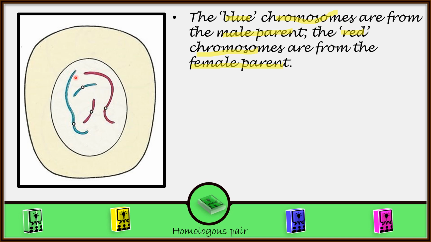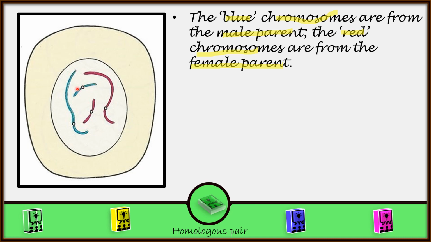So the 2 pair up and they form a pair. So that's why we are saying that the blue came from the male parent and the red came from the female parent. And when you look at these short ones also, this is also a pair.